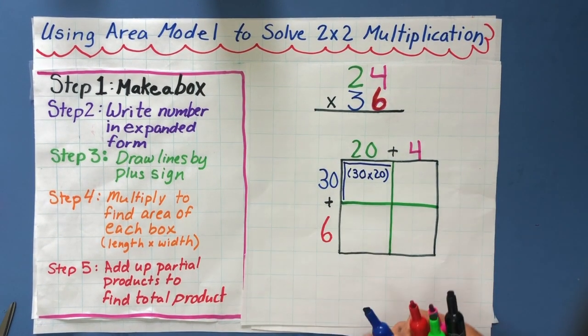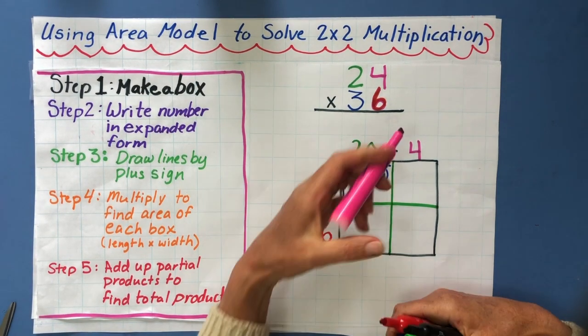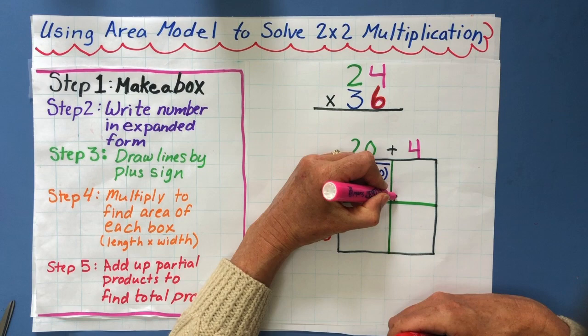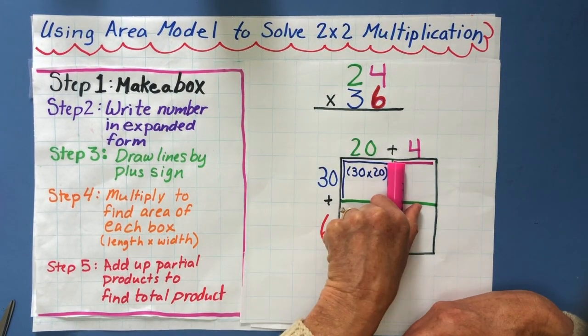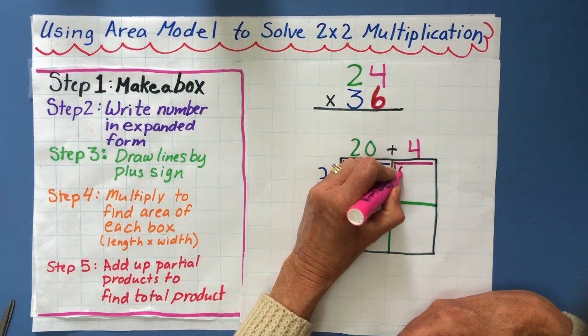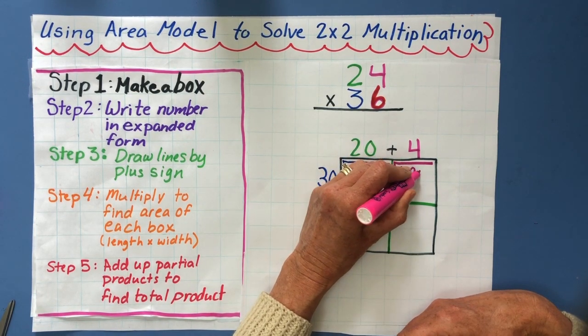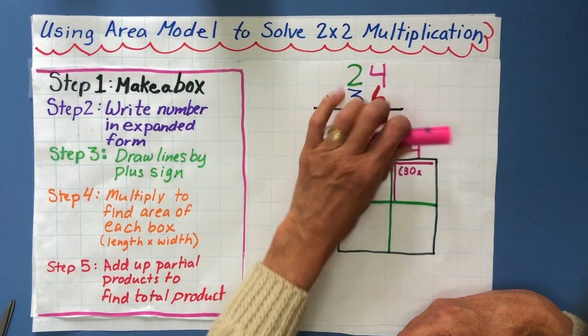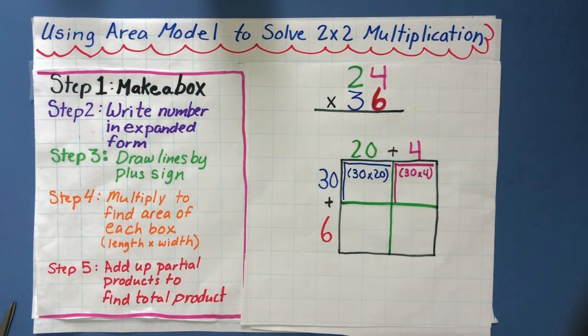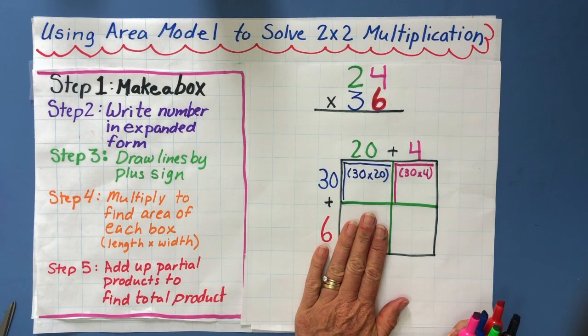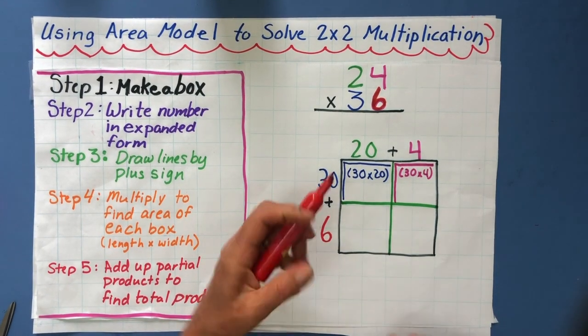Okay. The next one is, I'm going to use pink, I guess. This one right here, and I want to find this length and this length. So length of this side is 30, and the length of this side is 4. Okay. Now I'm down to this box here. So choose red, I think.